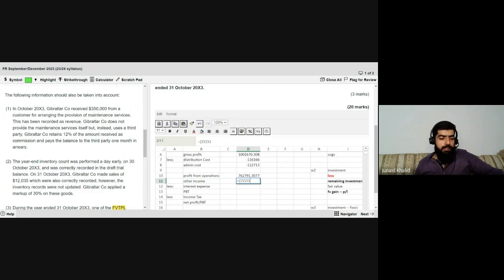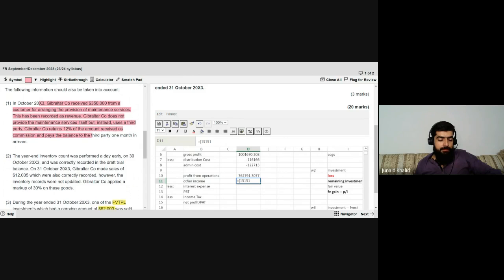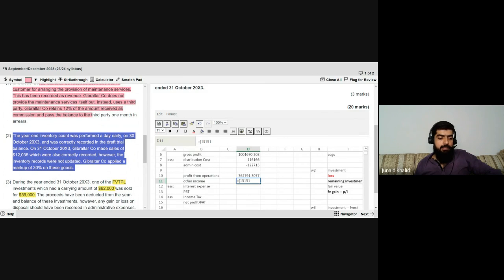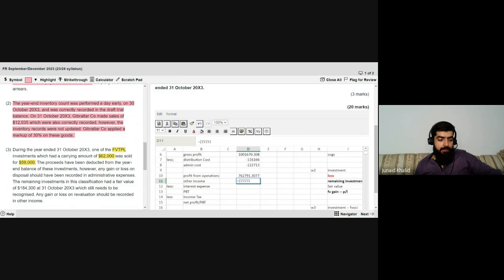In the first paragraph, we have already accounted for it, nothing to do again. In the second paragraph, we have already accounted for the inventory, and there is nothing to do again. In the third paragraph, there was a fair value through P&L investment that we disposed of, but the 3,000 was not recorded.